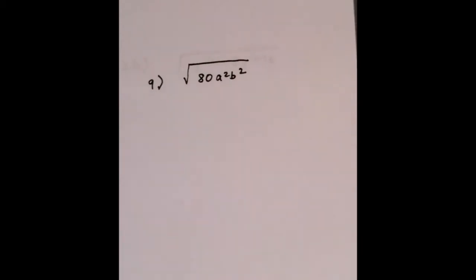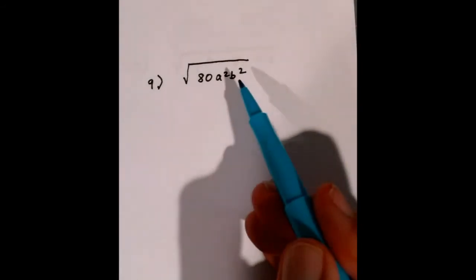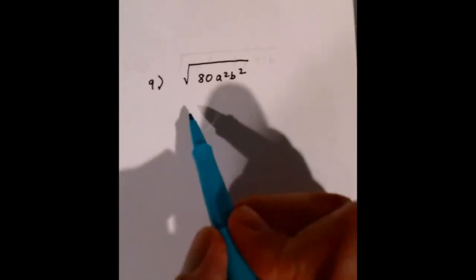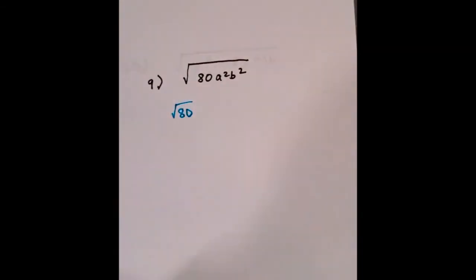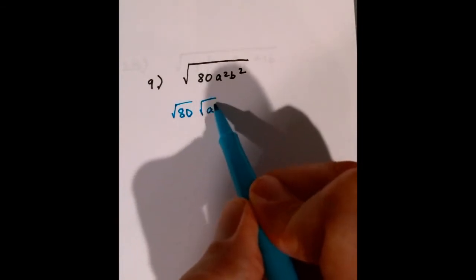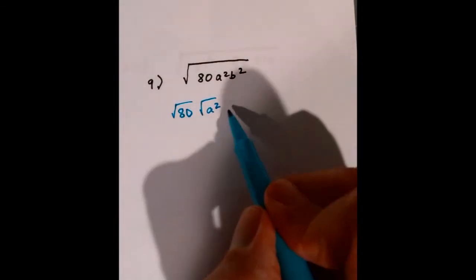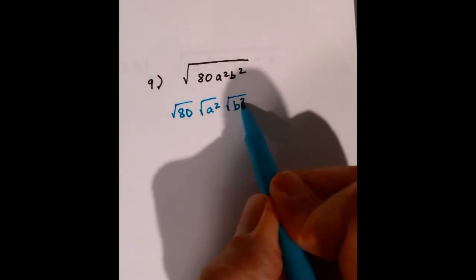So give it a whirl while I get, I don't know, a light blue pen, shall I? So again, let's just use our first property. So this would be root 80 root a squared root b squared.